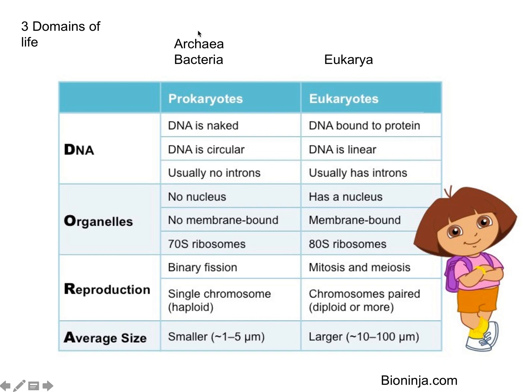Now within prokaryotes, there are 2 domains, the archaeans and the bacteria. They are both single-celled organisms. Eukaryotes can be single-celled or multicellular. But there are some real differences between archaeans and bacteria. Archaeans are not just types of bacteria, they're really different.